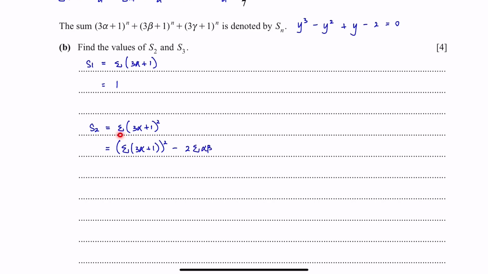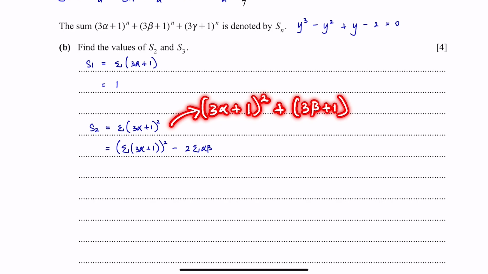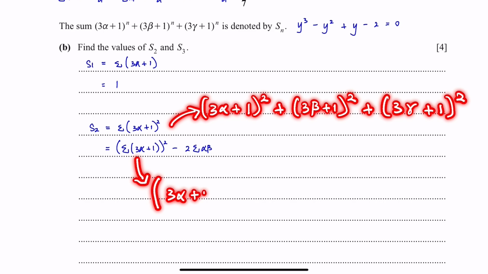So what's the difference between this and this? This is basically 3 alpha plus 1 squared plus 3 beta plus 1 squared plus 3 gamma plus 1 squared. And this is 3 alpha plus 1 plus 3 beta plus 1 plus 3 gamma plus 1, squared, the whole thing.